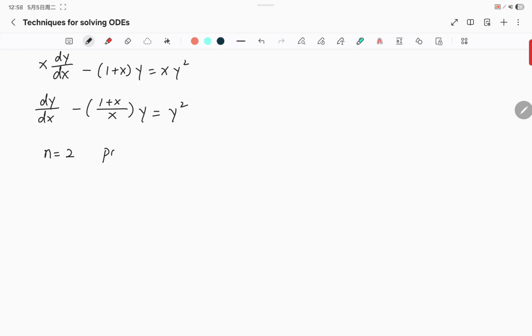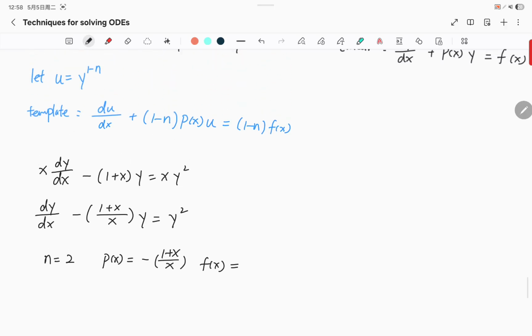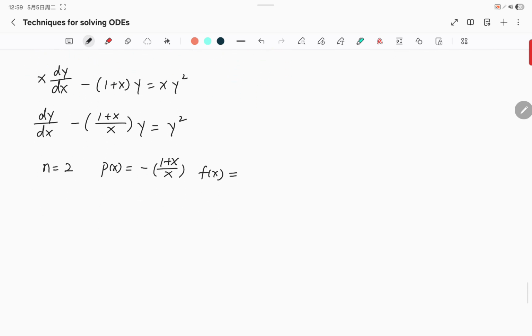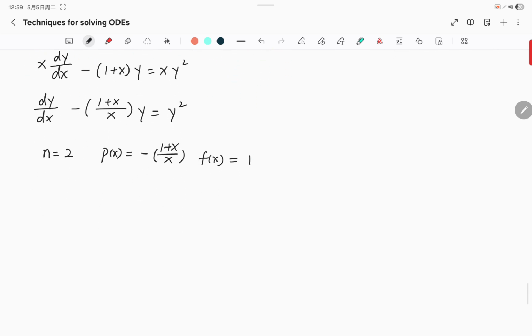P of x is equal to negative 1 plus x over x. My f of x, if you look at the standard form, is the thing right before y to the power of n, and here there's nothing, so f of x is just 1.